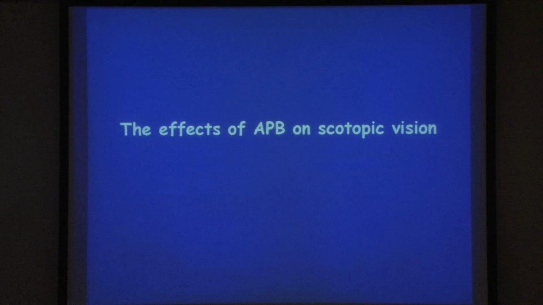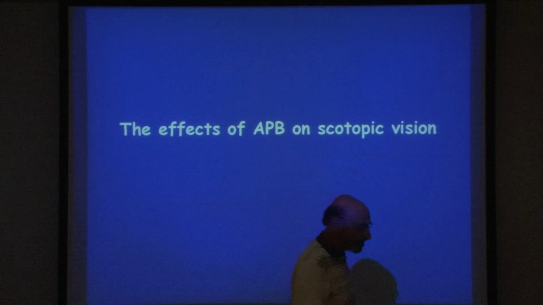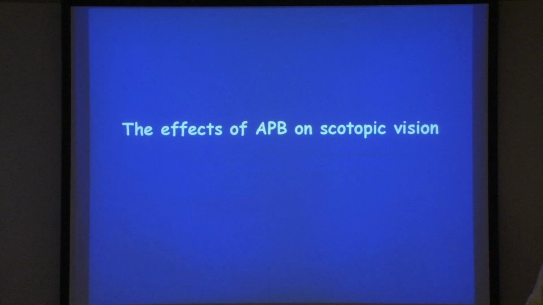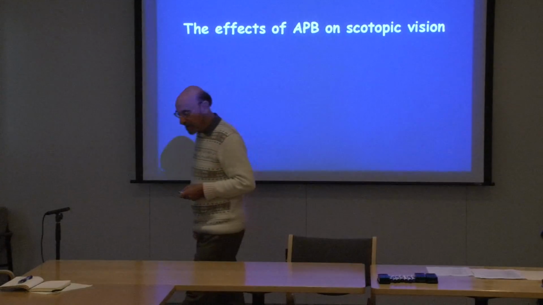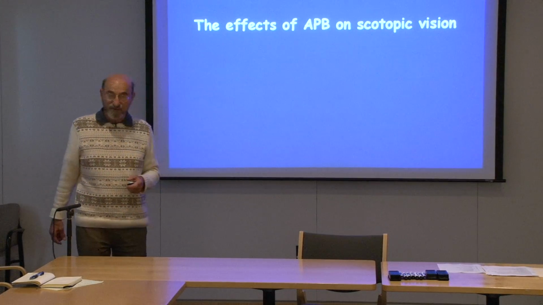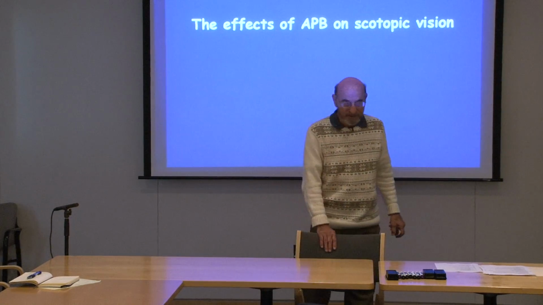Now, we are going to get a bit more complicated, because what we talked about so far was under photopic conditions, meaning when your cones were fully functional. So the question is, what happens under scotopic conditions, meaning what happens when you're dark adapted.